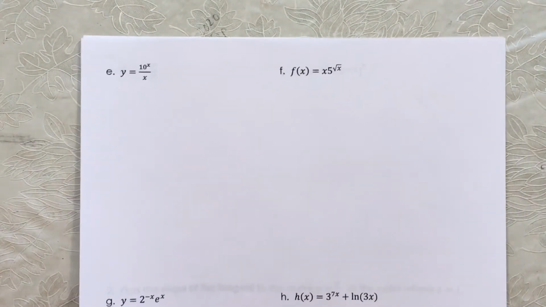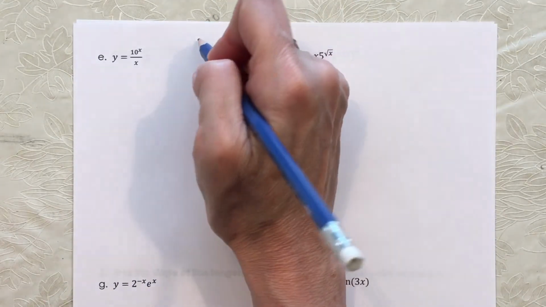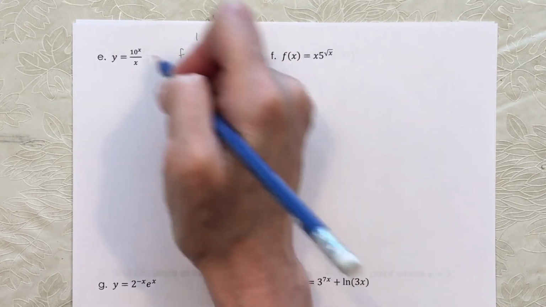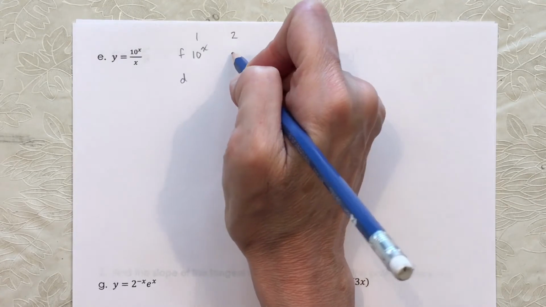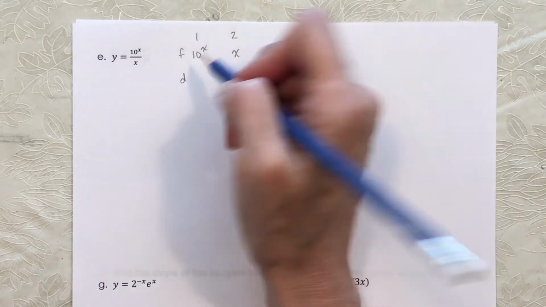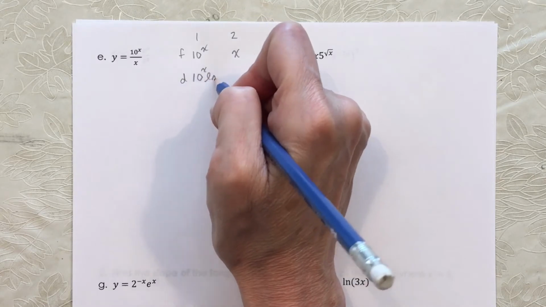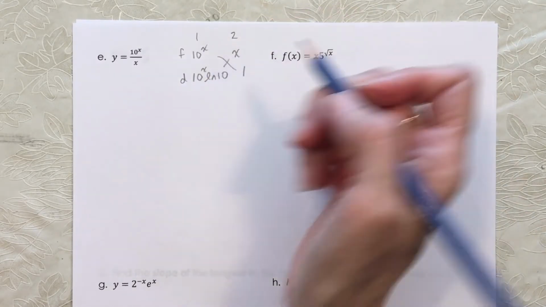So y equals 10 to the x over x. So you're going to see that as a quotient rule. So the function in the numerator is 10 to the x, and the second is plain x. The derivative of 10 to the x is 10 to the x ln of 10, and the derivative of x is 1.